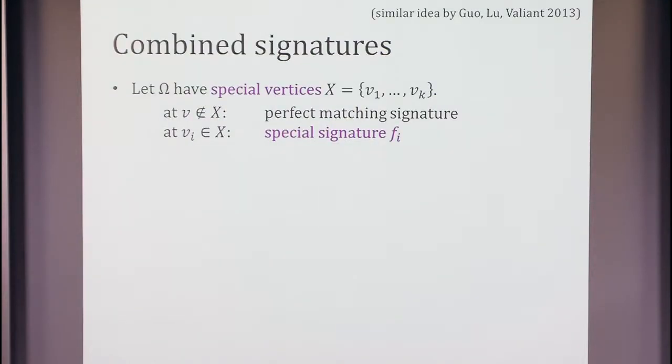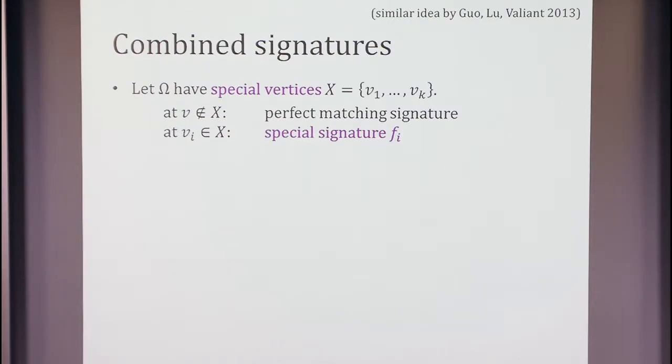In the second step, we're using something which is called combined signatures, or just linear combinations of signatures. Let's say we have a signature graph omega, and this signature graph has some set of special vertices X, which contains vertices v1 up to vk. At each vertex which is not contained in X, we have the perfect matching signature.